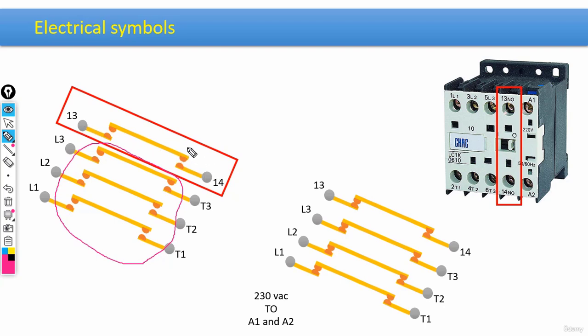This one is what we call an auxiliary contact. Just know that these contacts are mostly used in control circuits. And if you don't know what I'm talking about, don't worry, because later on we're going to talk about them in more detail. For now, let's just stick to our own discussion.